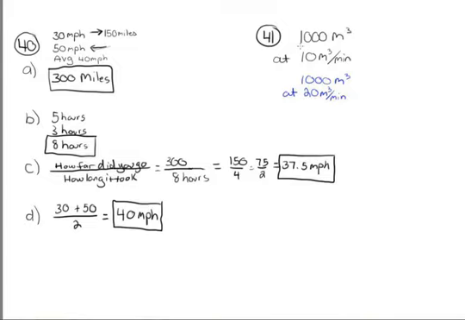So the answer is not going to be 15. It isn't what he did on part D, which is, I released it at 10 for a while, and then at 20 for a while, so I add them up and divide by 2, and that gives me 15. That is incorrect thinking.